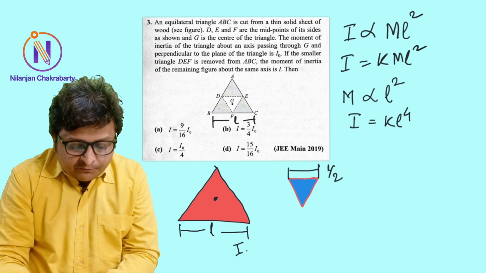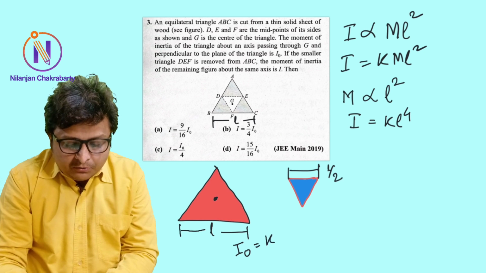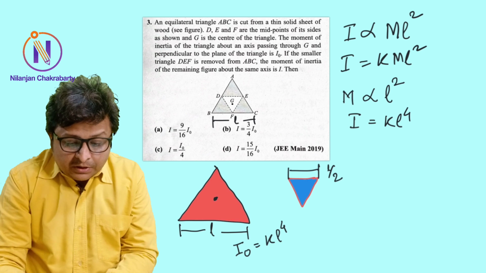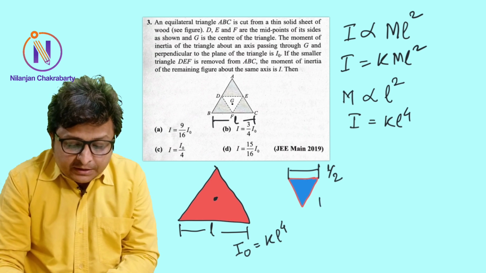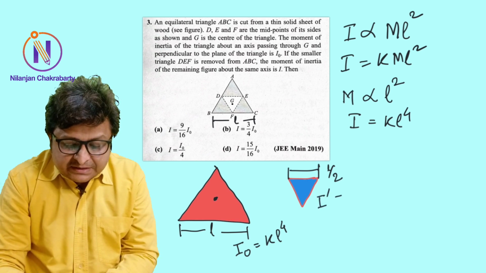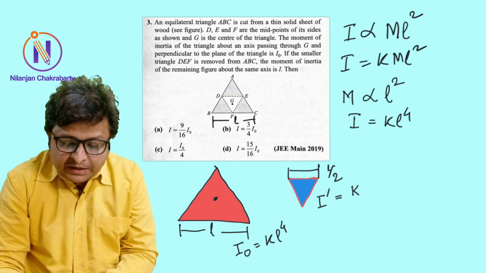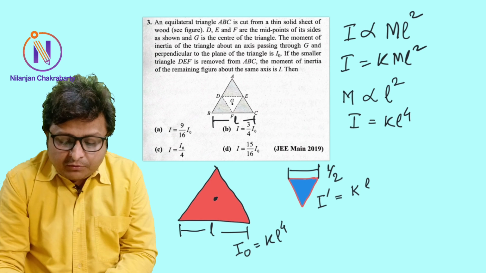So the moment of inertia I0 equals k times L to the power 4.